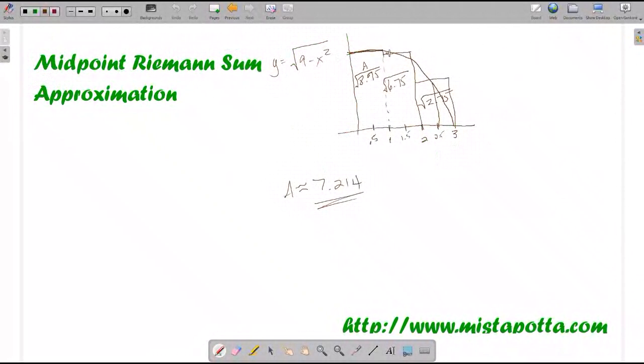It certainly looks better because the area that I'm ignoring and the area that I'm including erroneously appear to cancel out. But it's not an exact answer here. And indeed, there are certain functions for which a midpoint Riemann sum is going to give you a less accurate answer.